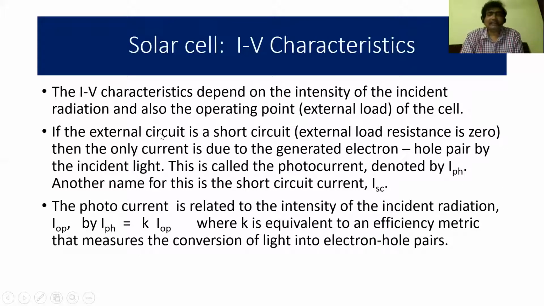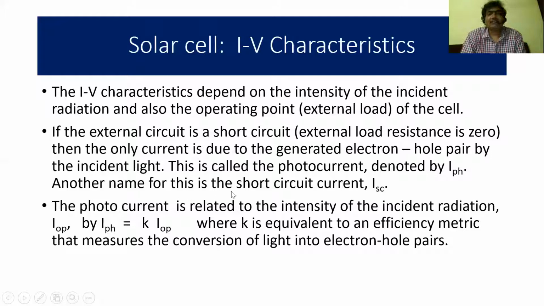Let us discuss some of the VI characteristics of the solar cell. The IV characteristics depend upon the intensity of the incident radiation and also the operating point of the cell. If the external circuit is short circuited, then the only current is due to the electron hole pairs generated by the incident radiation. This is called the photocurrent, denoted by IPH. IPH means photocurrent. I for current, PH for photo.